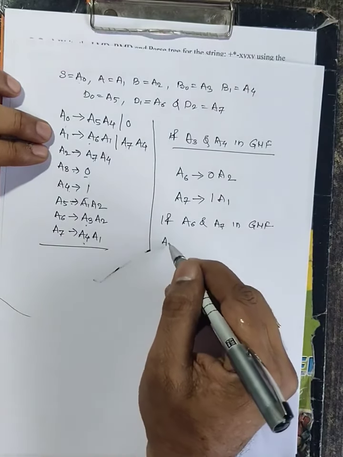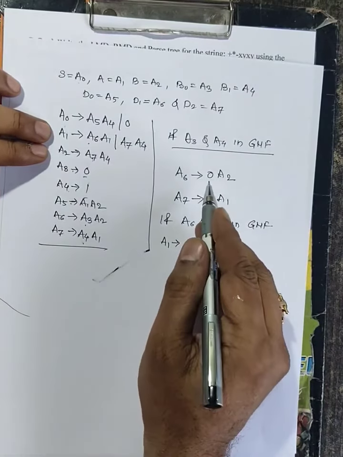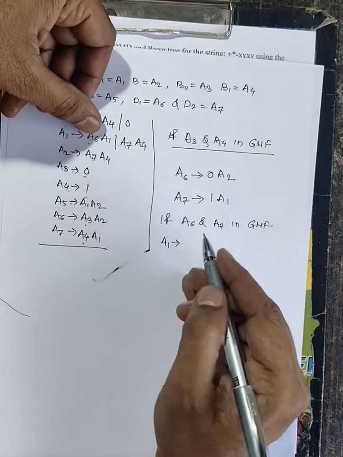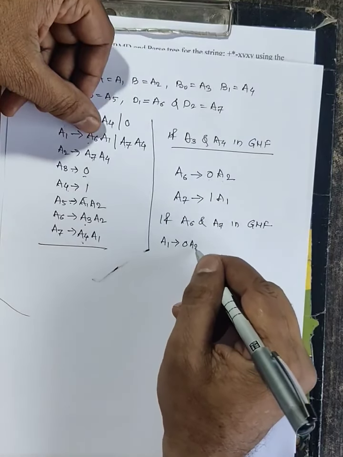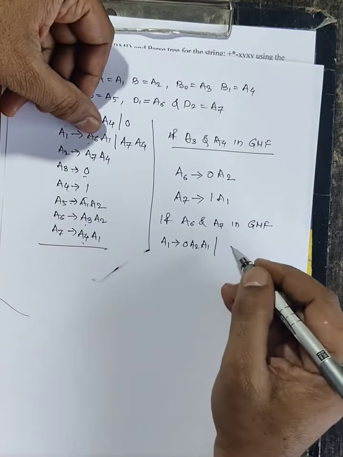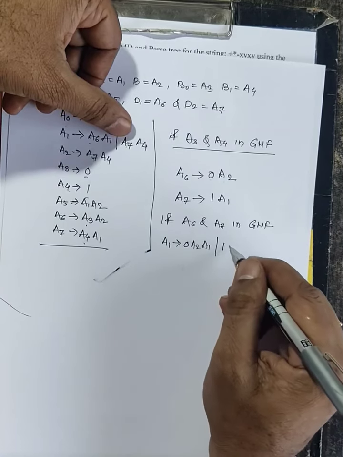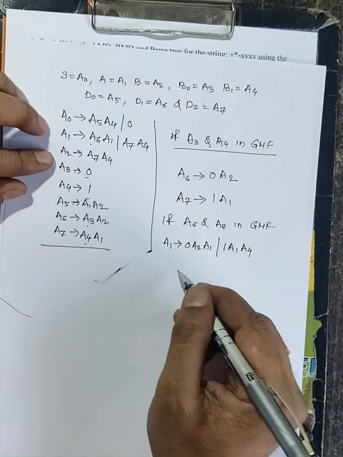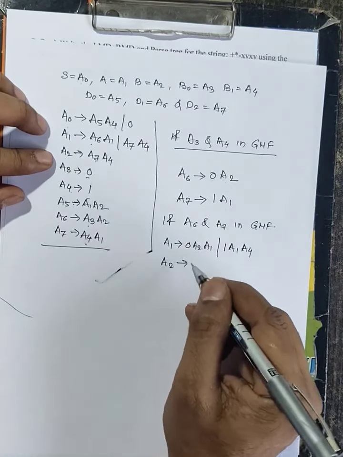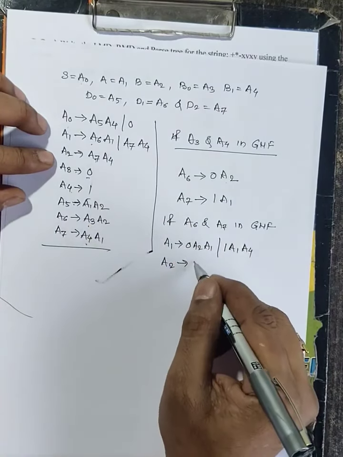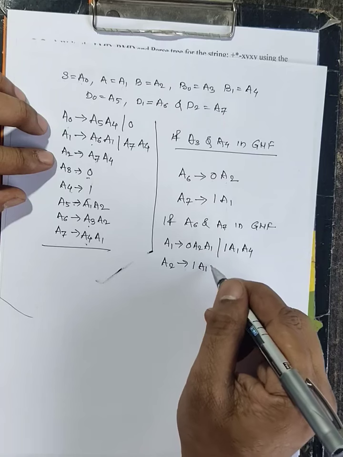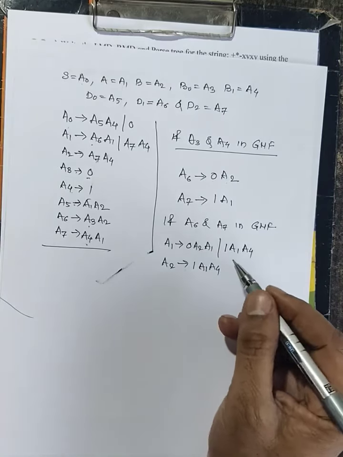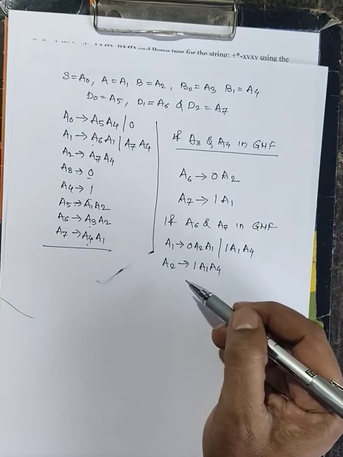A1 produces A6 A1 and A7 A4, meaning 0 A2 A1 and 1 A1 A4. Next, A2 produces A7 A4, meaning 1 A1 A4. Now A2 and A1 are in GNF.